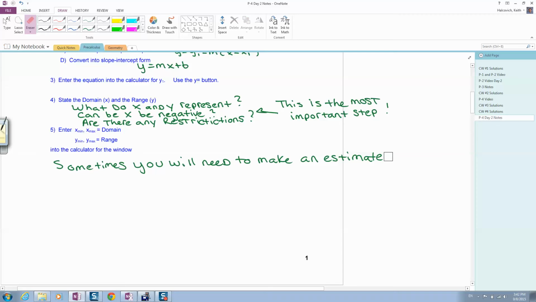All right, you'll need to make an estimate for x max or y max, because it's not sure how high or how low you can go on either one of those. The x min and y min will all be set, but you might want to guess for the x max and y max sometimes, and I'll go over how we're going to come up with those answers. But sometimes we're going to have to make an educated guess. All right.